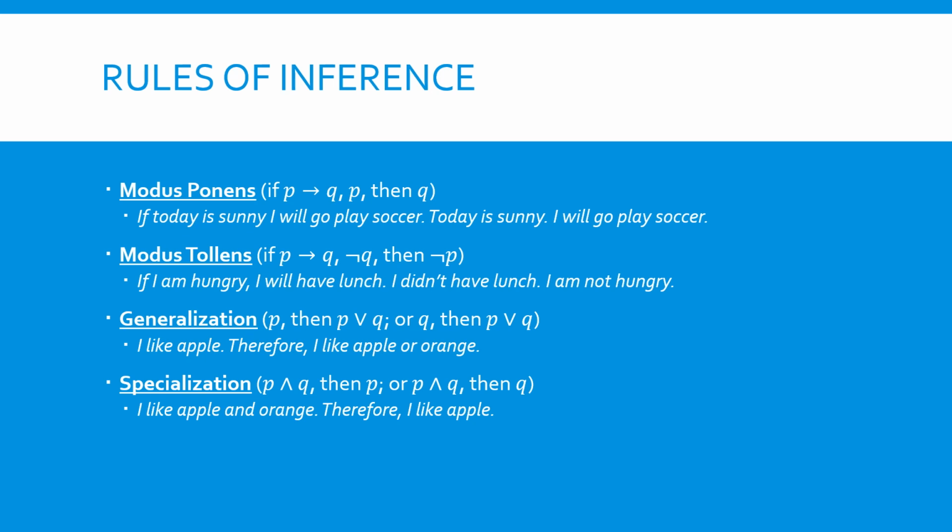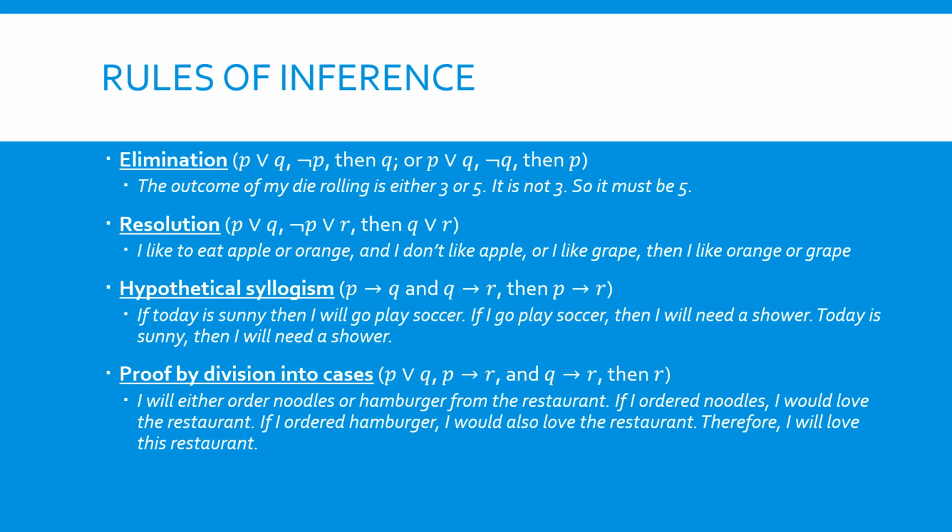First, we have modus ponens, modus tollens, the rule of generalization, and the rule of specialization. Then, we have the rule of elimination, the rule of resolution, hypothetical syllogism, and the proof by division into cases.